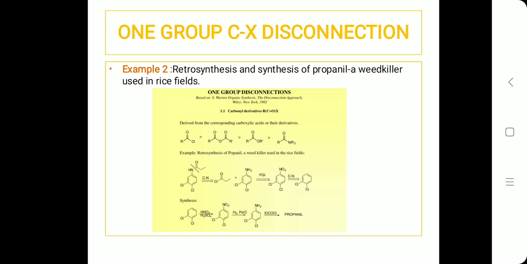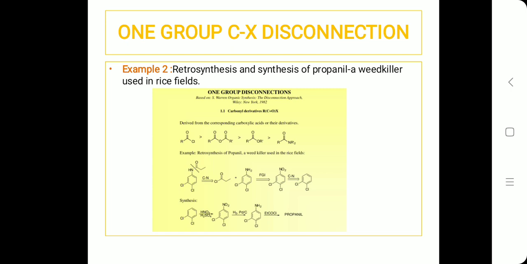Now here, the aromatic amine can further undergo disconnection, which follows the basic principle of aromatic compounds which we studied yesterday. That is, the aromatic amine can undergo functional group interconversion, that is reduction, to form dichloronitrobenzene. So NH2 is undergoing functional group interconversion to NO2 because we know nitration is much easier, and dichloronitrobenzene is going to have disconnection at the carbon and nitrogen bond.